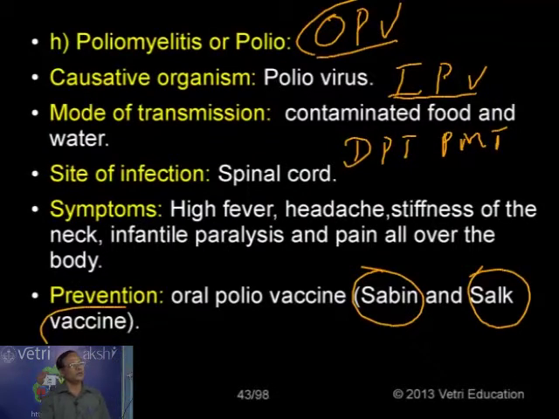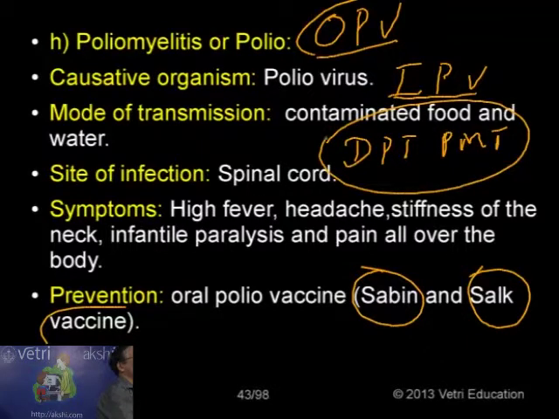I am using the word MPT instead of PMT for easy remembrance: measles, polio, and tuberculosis. So a massive immunization program has been started by the World Health Organization against these six disorders.